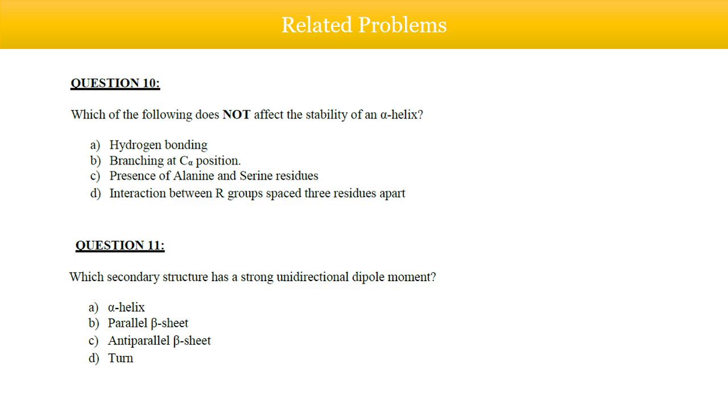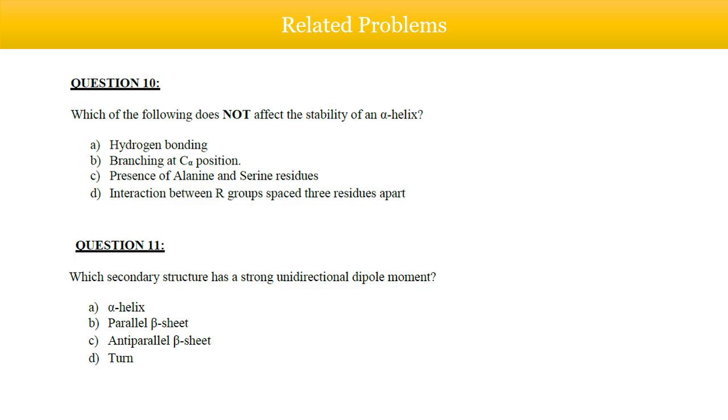Because it folds in a manner where all the N terminals are aligned on the top and all the C terminals are aligned on the bottom. So it generates a unidirectional dipole moment, where there is a delta positive charge towards the upper portion and a constant negative charge at the lower portion due to the carbonyl oxygen. The delta positive at the N terminus is due to the collaborative delta positive charges of the nitrogens, right? Okay, question number 10.